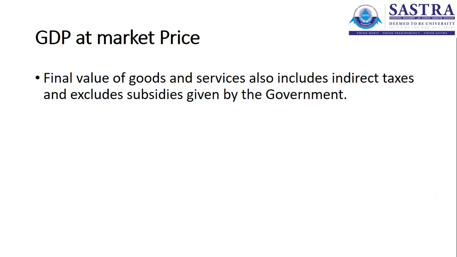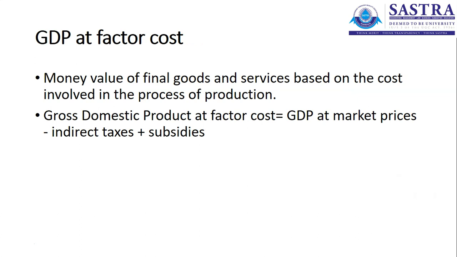So the kind of subsidies are reduced. It means GDP at market price is calculated at the price the consumer pays to buy the particular product, which is inclusive of taxes and excluding subsidies. In that concept, GDP is calculated at market price, and GDP is also calculated at factor cost.